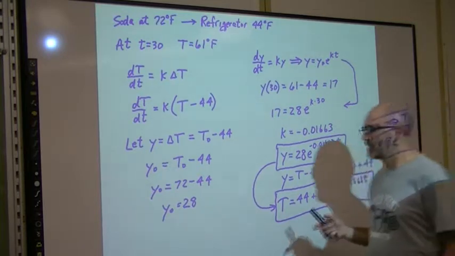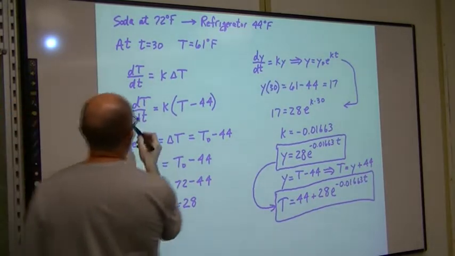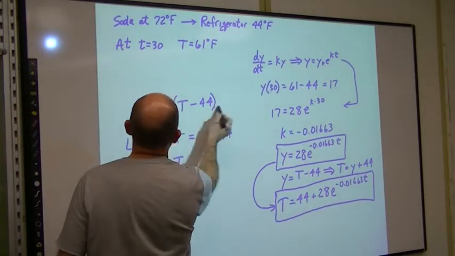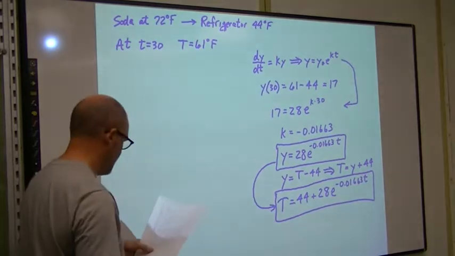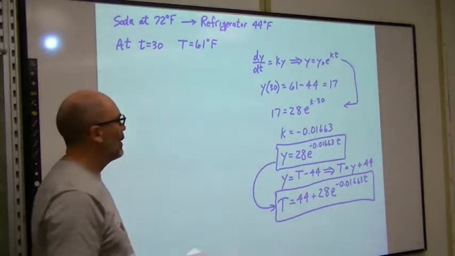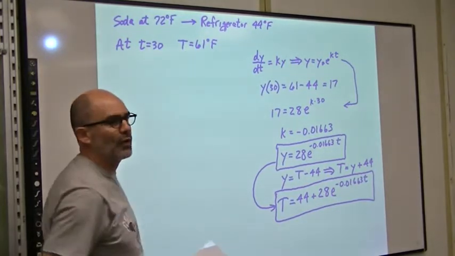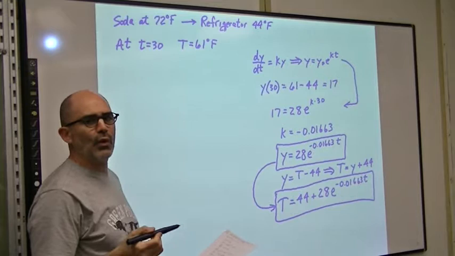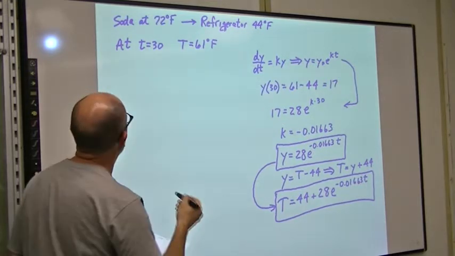So let's try an example. If we want to know what the temperature is at 60 minutes. If half an hour got me down to 61 degrees, how cold will the Coke be at 60 minutes?